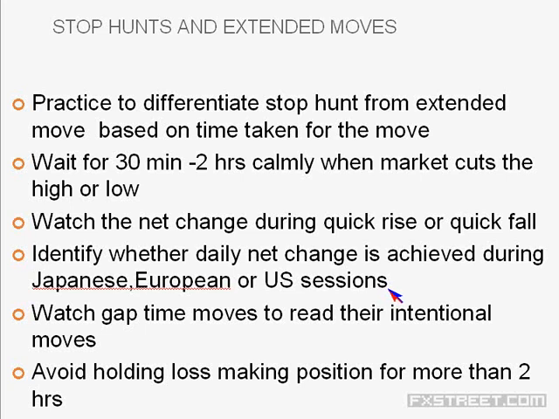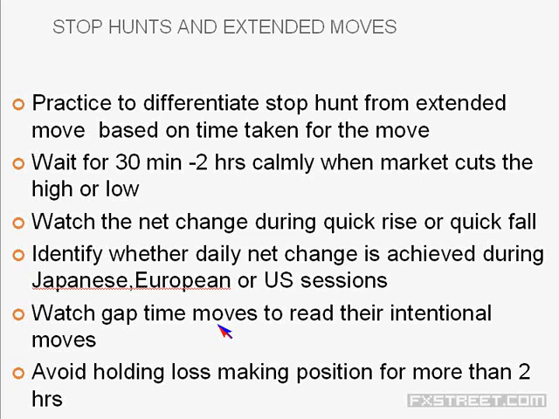This is mainly to gain the levels by circular trades. You will be able to differentiate why they have done an extended move in GBP in the absence of volume. By tomorrow, the day after, or after that, you will be able to understand why they have made that extended move. If you make a note of the type of moves they are doing, you can understand they always follow it in sequence.